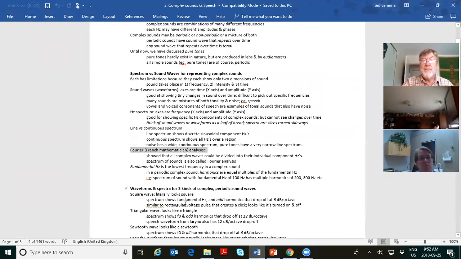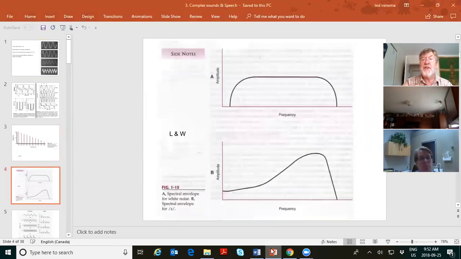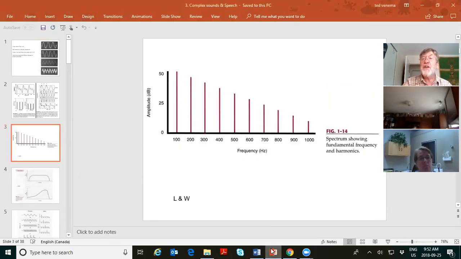French, Fourier, mathematical analysis. We talked about that. And now we get to this, fundamental frequency. The fundamental frequency is the lowest frequency in a complex sound. The lowest frequency in a complex sound. Notice in this complex sound that all the other frequencies are equal multiples of the fundamental.